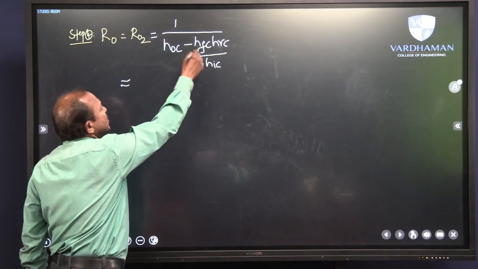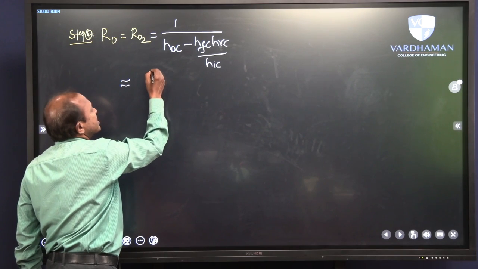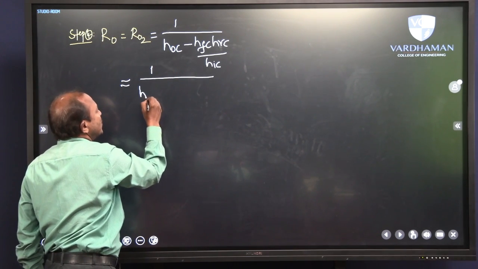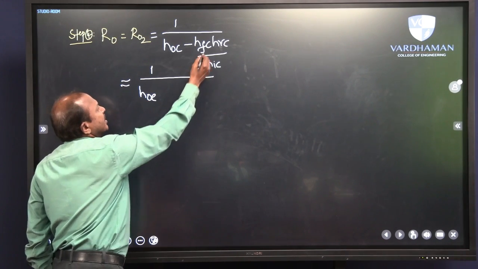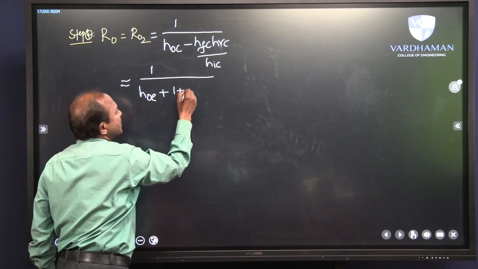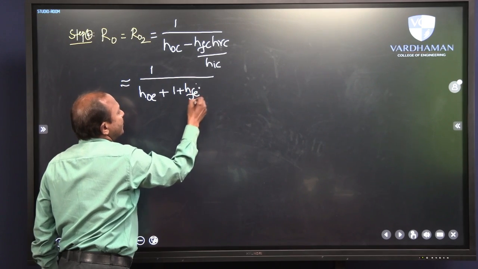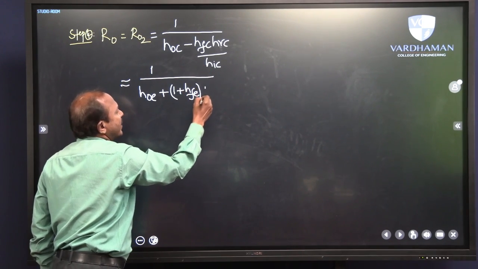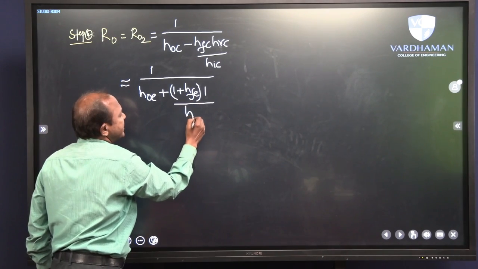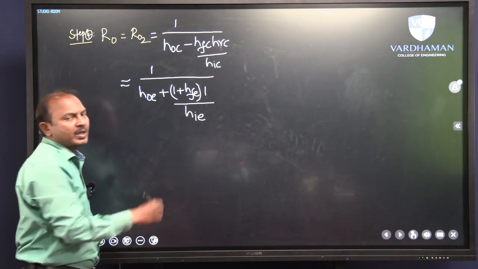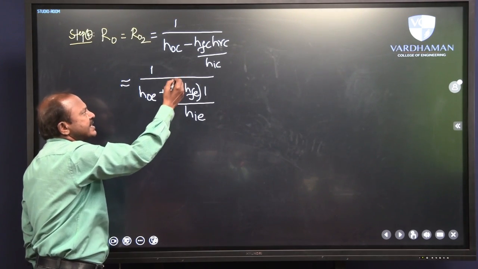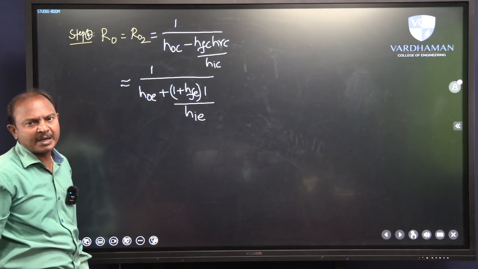converting these values into common emitter using conversion formulae, this is 1 by HOC; the conversion formula is HOE minus HFC is 1 plus HFE, HRC is 1, HIC is HIE. According to conversion formulae, I have converted HOC, HFC, HRC and HIC into common emitter parameters.